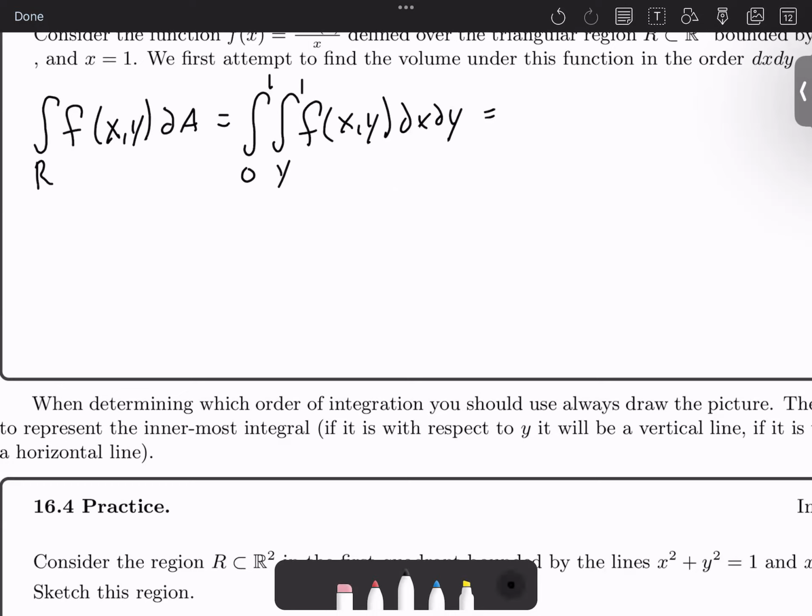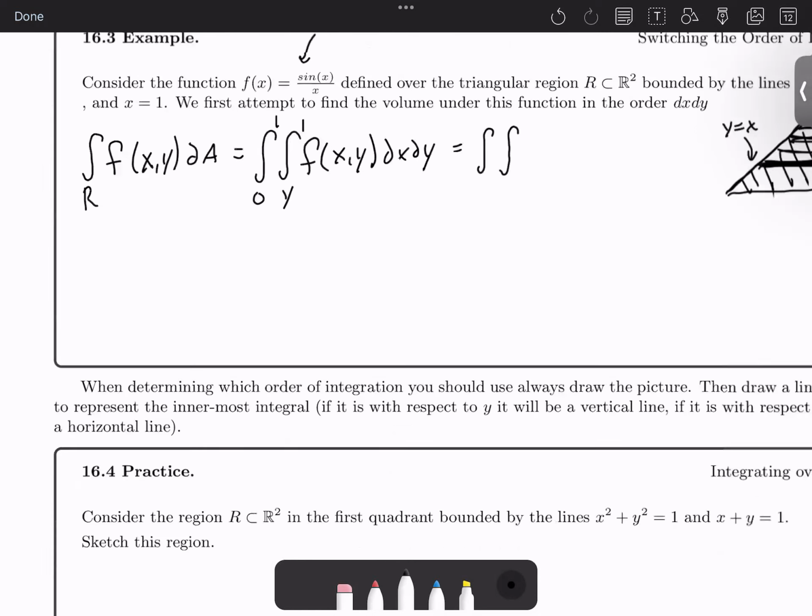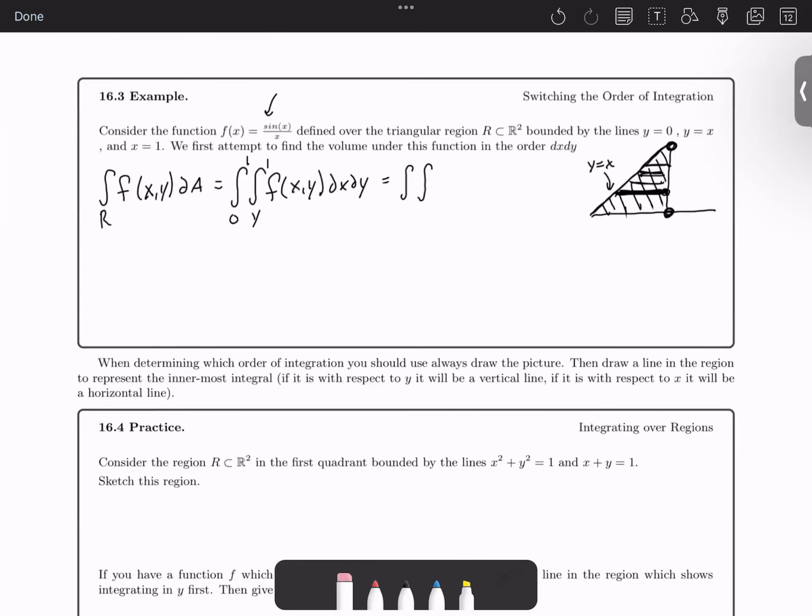So we can also say that this is going to be equal to the integral, and I'll just switch colors. If I take the same region and I integrate in the y variable first, then I'll integrate my function with respect to y first and then x.